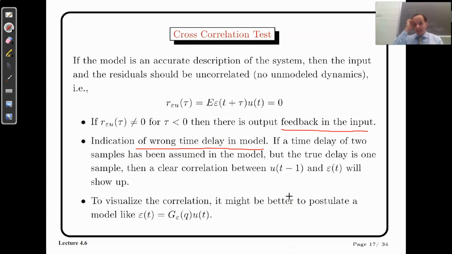So if a time delay of 2 samples, for example, has been assumed in the model, but the true delay is 1, then a clear correlation between the delayed input u and epsilon at time t will be highlighted.